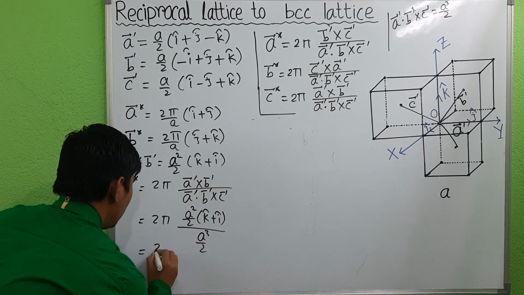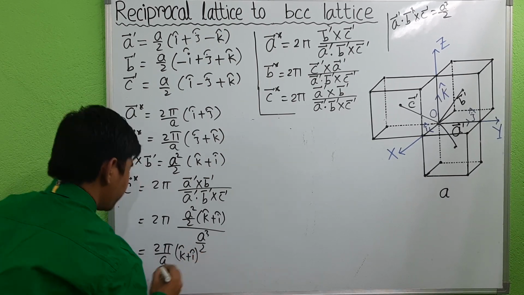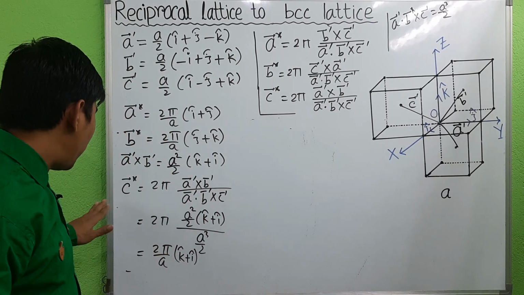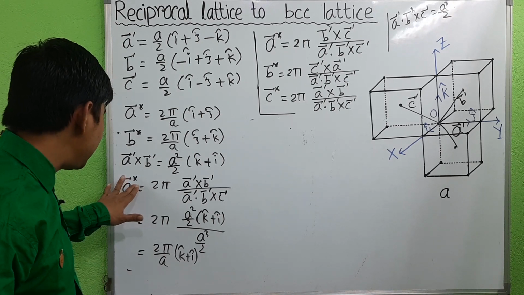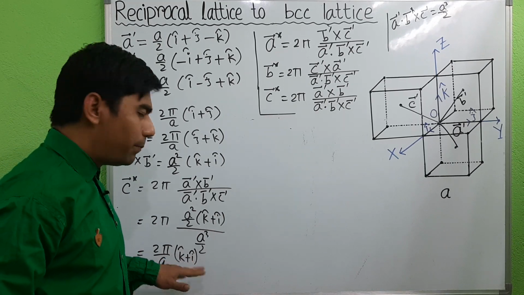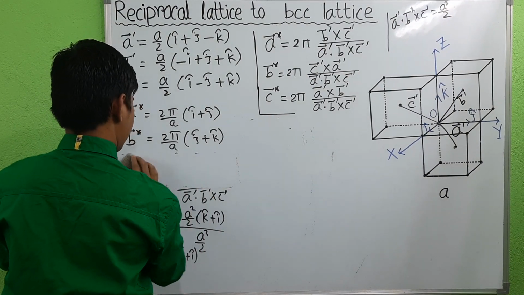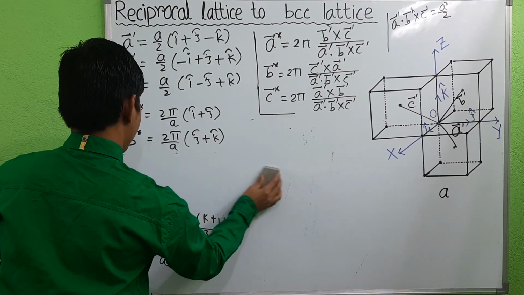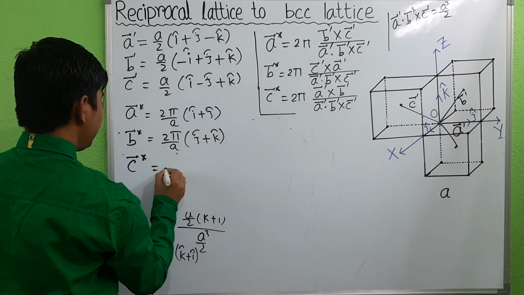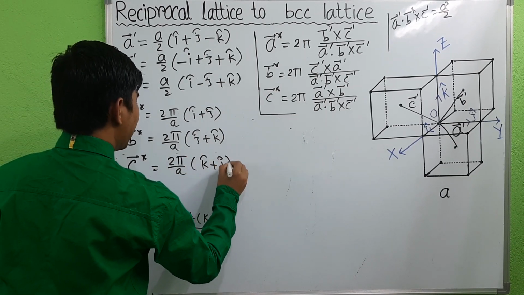So this is equal to 2 pi by a (k cap + i cap). Thus c vector star is 2 pi by a (k cap + i cap).